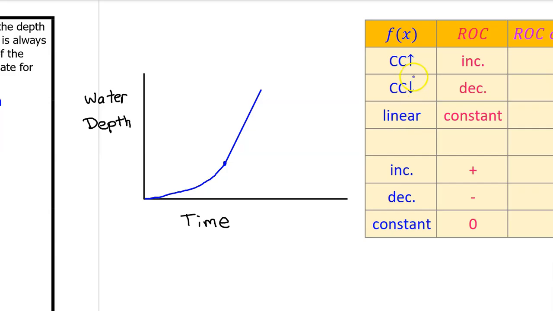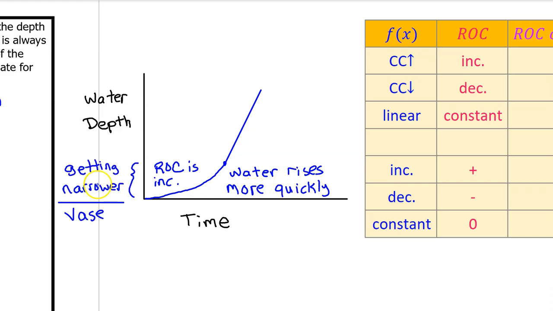If a function is concave up, then the rate of change is increasing. Remember, this function is the depth of the water over time. So if the rate of change is increasing, that means the water is rising more quickly. But that means that the bottom of the vase is getting narrower as the water rises.